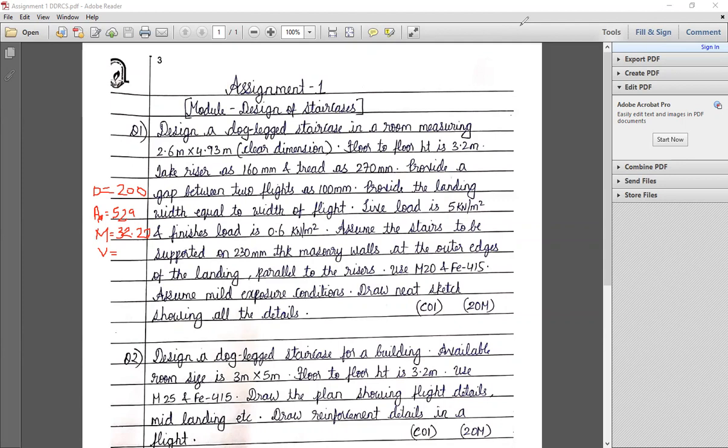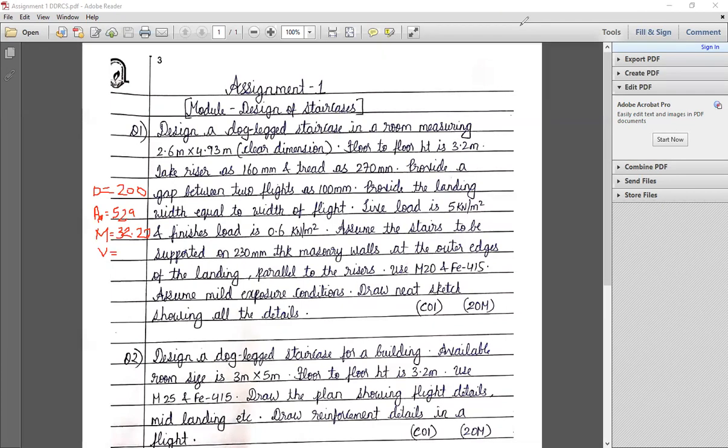What is the L effective, Ojas? So effective span is coming out to be 3680 mm. L effective is 3680 mm. 3.68?